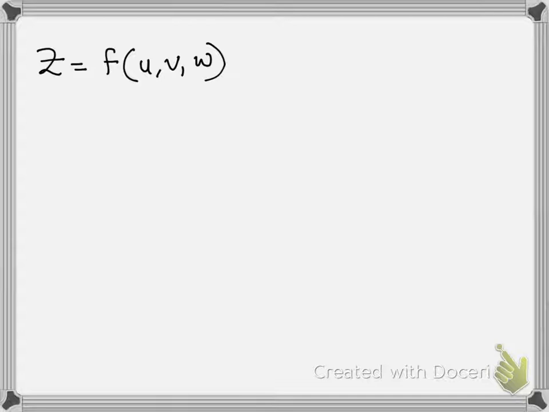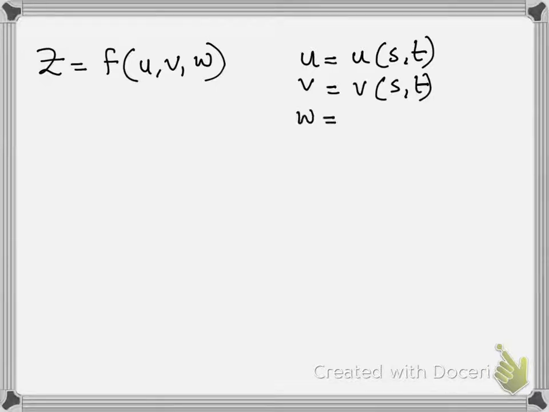Now each of these functions u, v, w are functions not just of a single variable, but of two variables. So let's say u is a function of s and t, v is a function of s and t, and w is also a function of s and t.